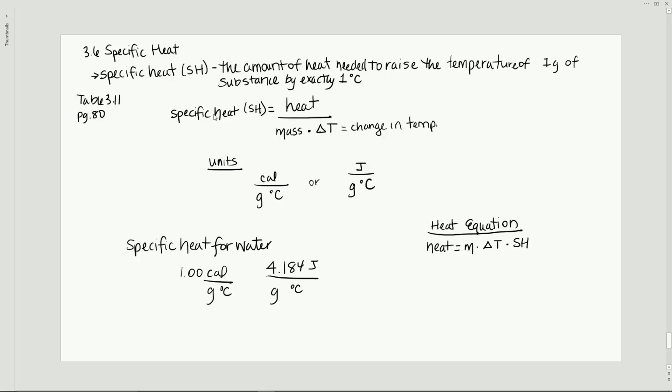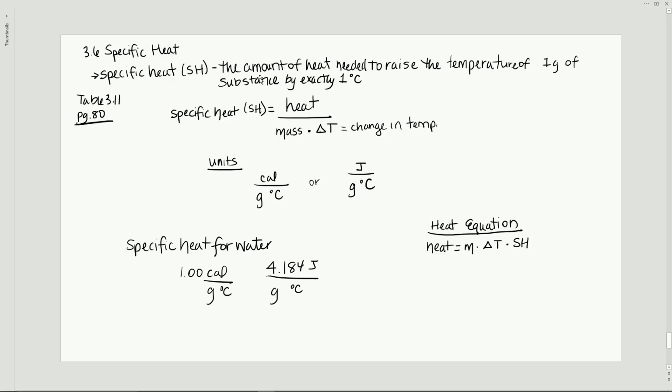Okay, there's a table in your book on page 80 that lists the specific heat for different types of substances. There's just a few listed, but sometimes problems might ask you to calculate the heat required by something to either raise or lower the temperature by a certain amount, and you might have to look up the specific heat for that substance. So keep that table marked in your book, so if you need to refer to it, you can.